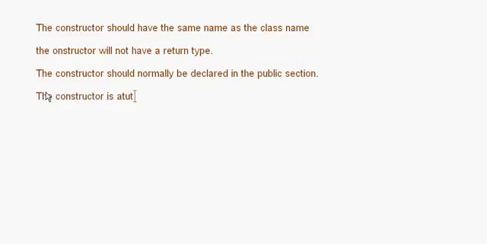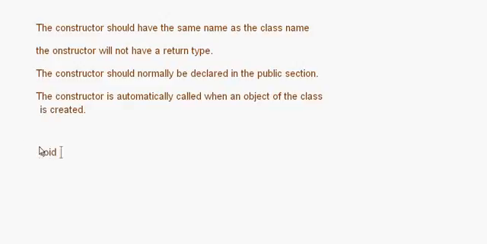The constructor is automatically called when an object of the class is created. This you should remember, right? So we are not going to call the constructor explicitly like a function.